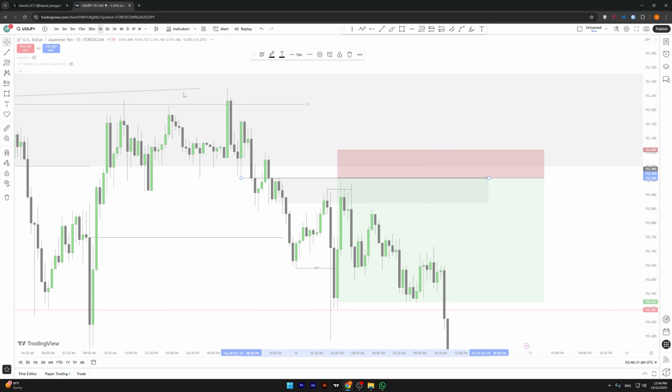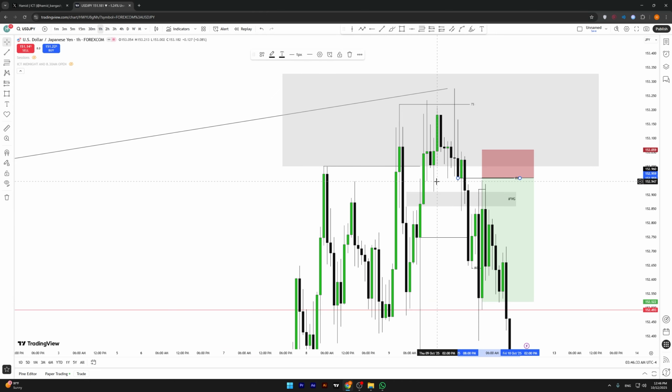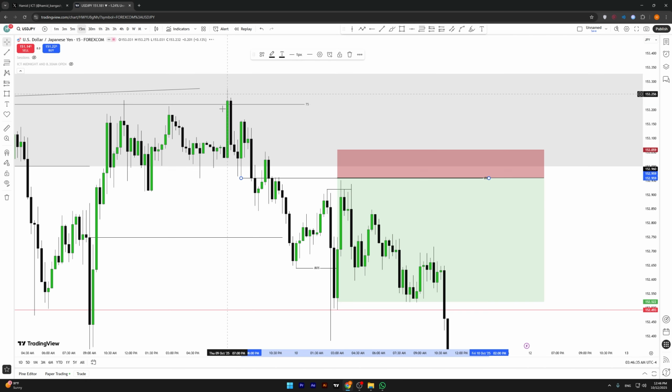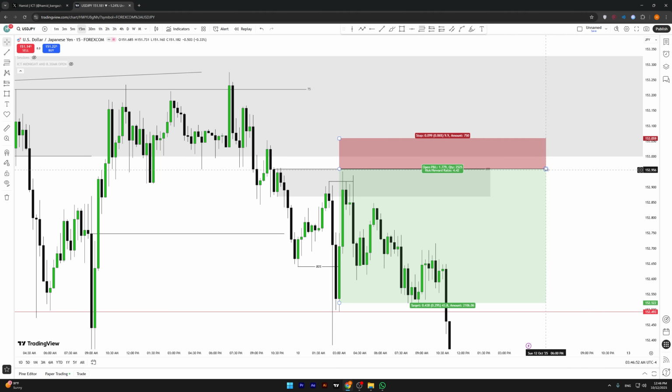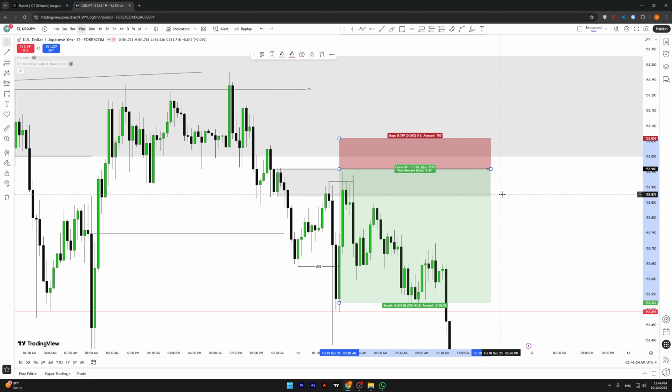If you look at the 1 hour, it was not mitigated, but in the 15-minute this order block was already mitigated. So it made no sense to place my order over here, but I didn't notice at that time because most things you will not notice in the live market.